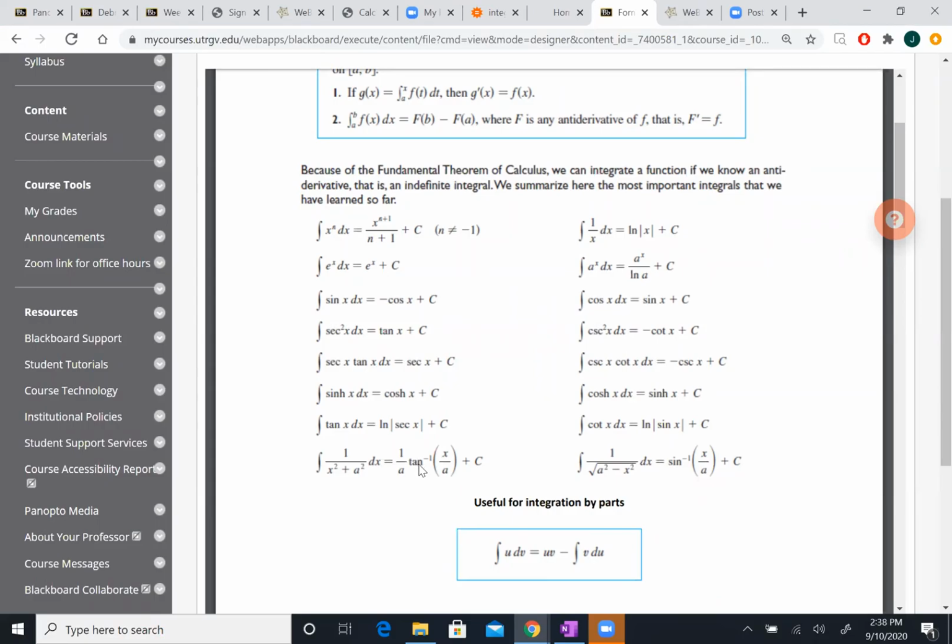Let me fix you on something, guys. This one really is not tangent to the minus 1 or tangent inverse. This is arctangent, and this is arc sine. This notation is kind of misleading, but we usually call it arctangent.